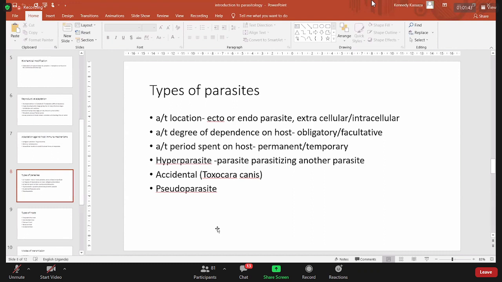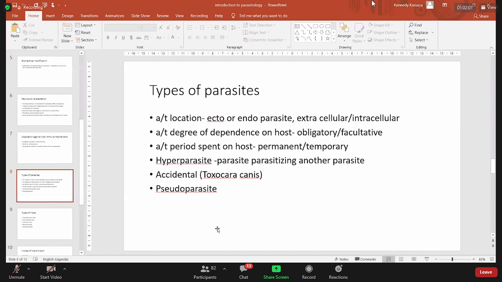Then according to the degree of dependence on the host, we have got obligatory parasites. If you remove the host, they will die. But we also have facultative organisms or parasites.